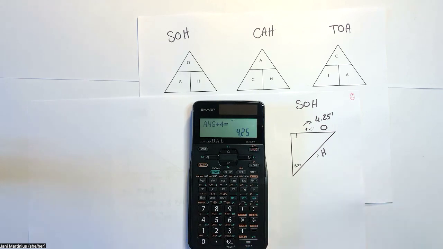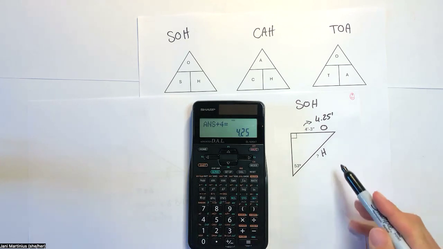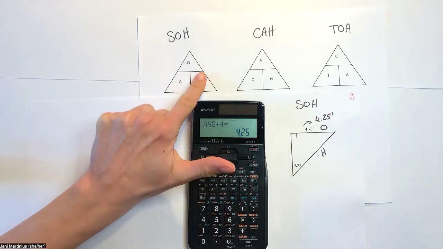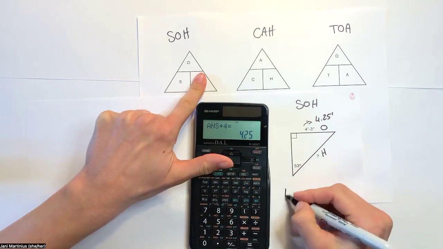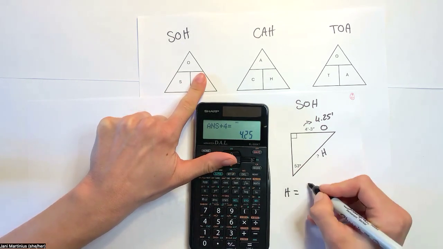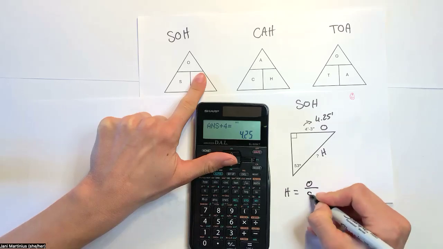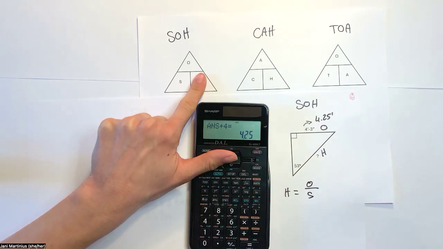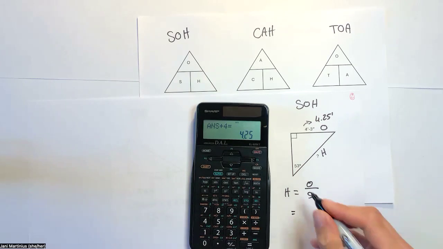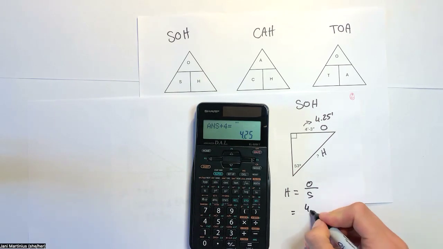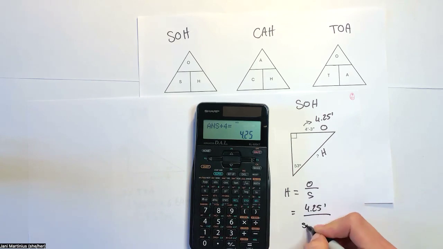Okay, we're using SOH. We are looking for the hypotenuse. So if I blot out the H, that leaves us with opposite over S. Excellent. So let's pop in those numbers. Opposite is 4.25 feet over sine 53.